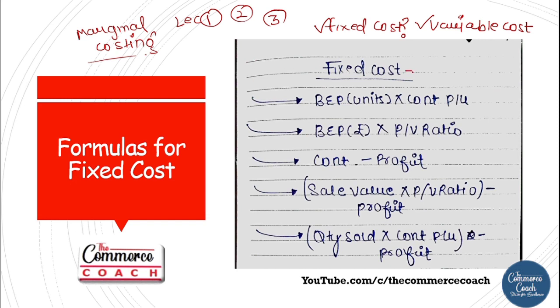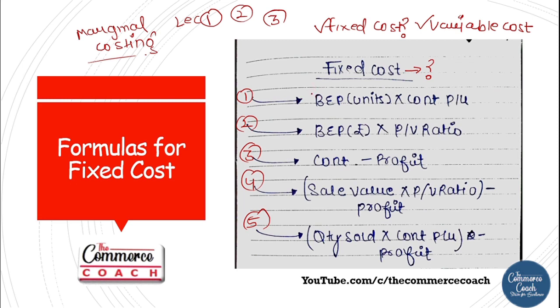Now we shall see some formulas. Sometimes in the question itself, we will be required to find out the amount of fixed cost. In such situations, formulas 1, 2, 3, 4 and 5 will help us find out the amount of fixed cost as asked by the question.